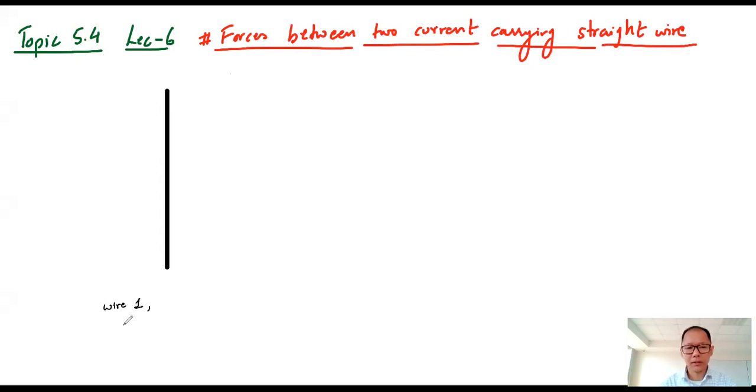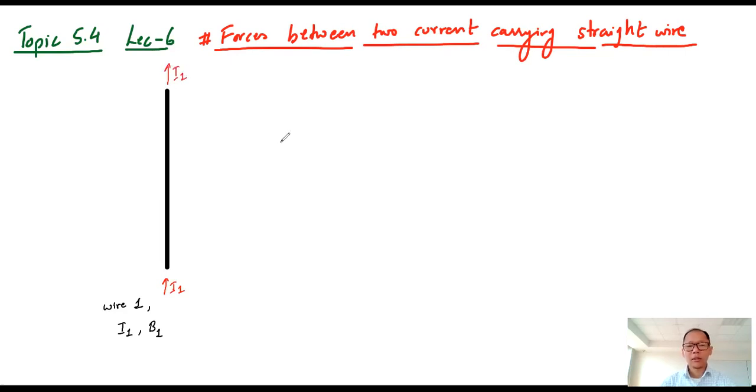And maybe let's say there's a current I1 flowing through it. And the field that this wire produces is B1. So let us assume that this wire has these characteristics. So maybe let's say that the current is flowing in this direction here. So this is current I1 flowing through this wire.